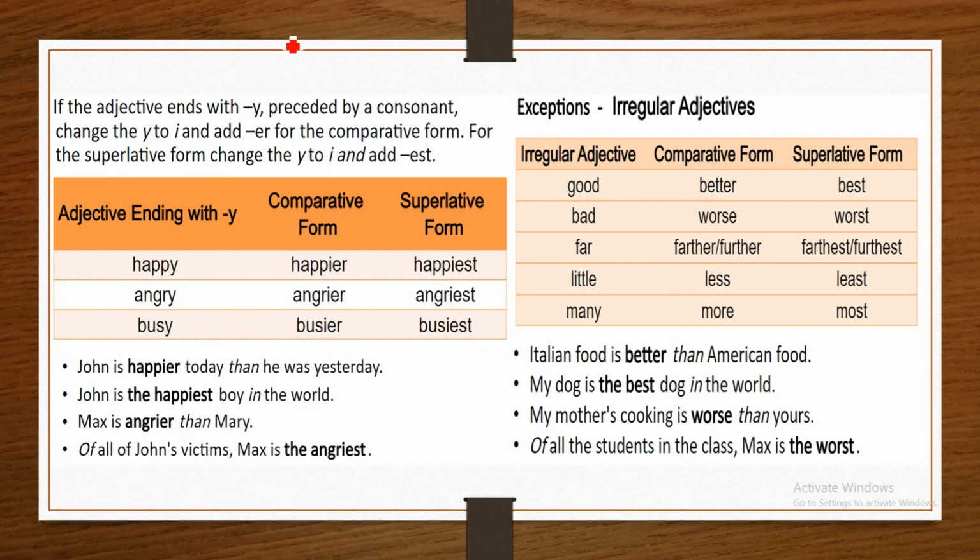Another form: if the adjective ends with Y. Do you remember what we said in the previous lesson when an adjective ends with Y? We said for the comparative adjectives, when an adjective ends with Y preceded by a consonant, we change the Y to I, then we add ER to it.